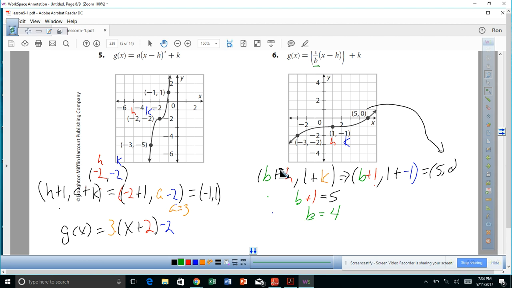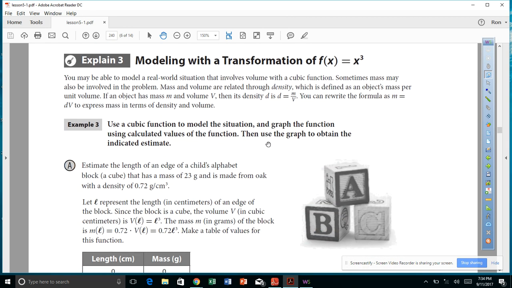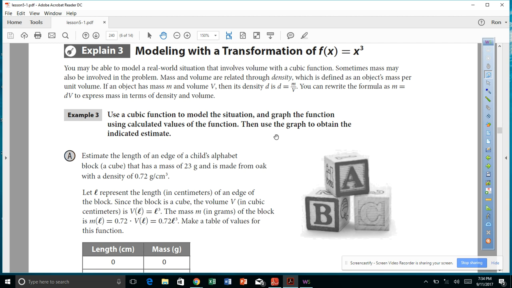We have G of x equals 1 over B, which is 4, times x minus h, which is 1, and that's going to be cubed, and I didn't put a cube over there, minus 1, or plus k, which is negative 1, so minus 1. Looking good, looking good.